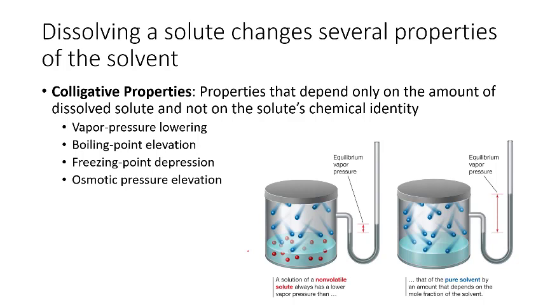Colligative properties are defined as properties that depend only on the amount of dissolved solute and not on the solute's chemical identity. And so vapor pressure, boiling point, freezing point, and osmotic pressure are all colligative properties that are altered by the amount of dissolved solute in our solution.